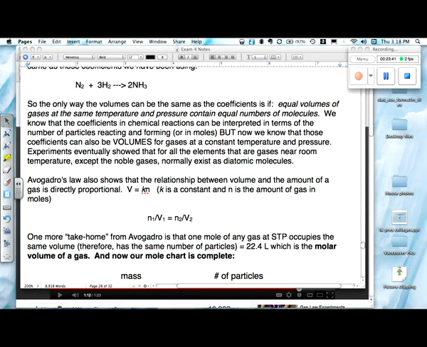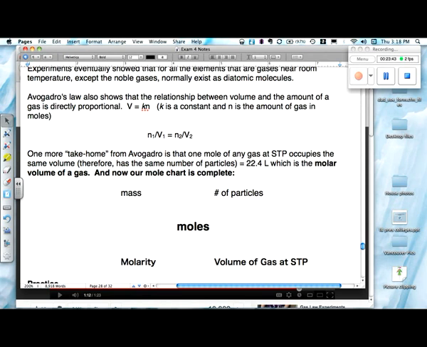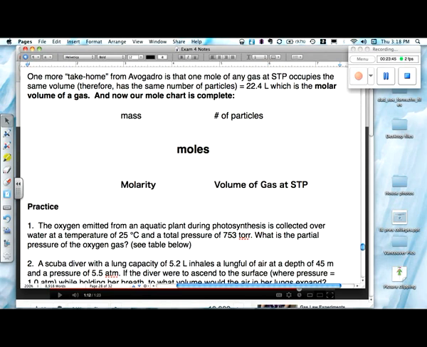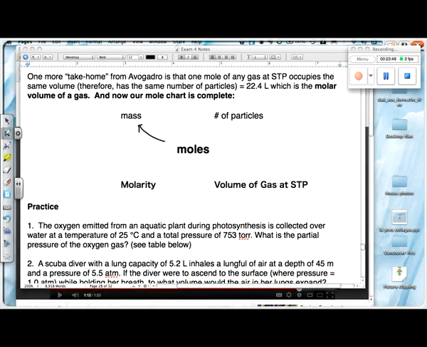So, drum roll please, our mole chart is now complete. So we have our familiar from way back first test that we can go back and forth between moles and mass using the periodic table, molar mass. We can go back and forth between moles and particles using Avogadro's number.